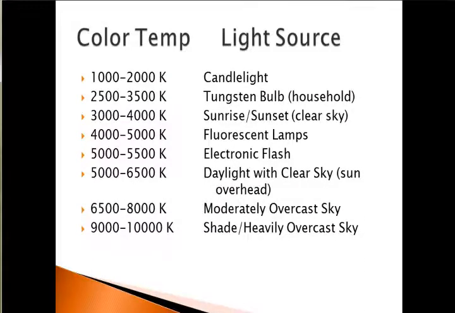So we have the candlelight being a low number as our most orange color. And then you move up from that, the tungsten, which is actually the little filament in the light bulbs in your house. That's what the little filament is called. Tungsten is just so hard to say to me, but a tungsten bulb is also very yellow.